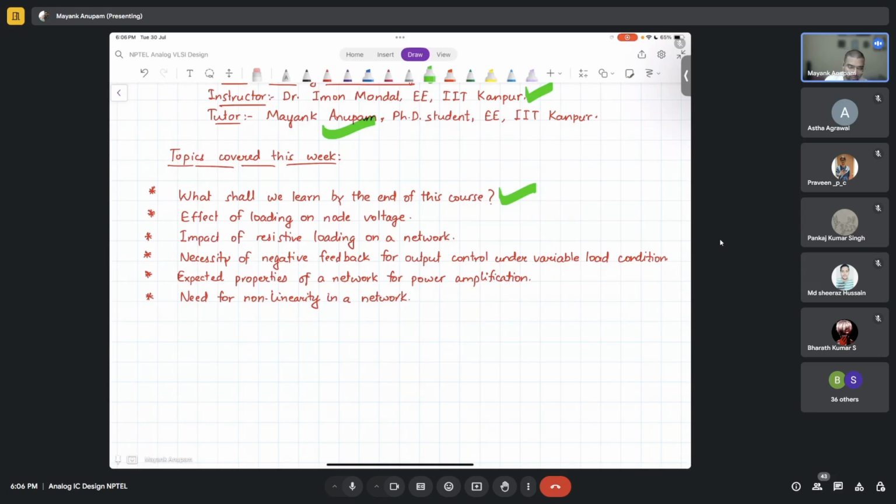What will you learn at the end? That is something which he discussed. He said, and I also reiterate it, that you will basically learn how to design an amplifier. That's the whole point of this course. After that, he started discussing certain other scenarios.